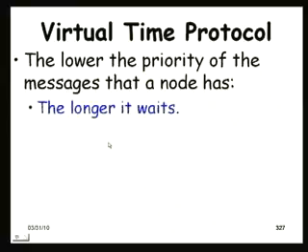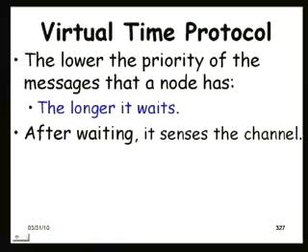The lower the priority of the message at a node, the longer it will wait. At every arbitration interval, it will keep on waiting until other higher priority messages have completed sensing, and it can be inferred that there is no higher priority message for that interval, and then it can transmit.